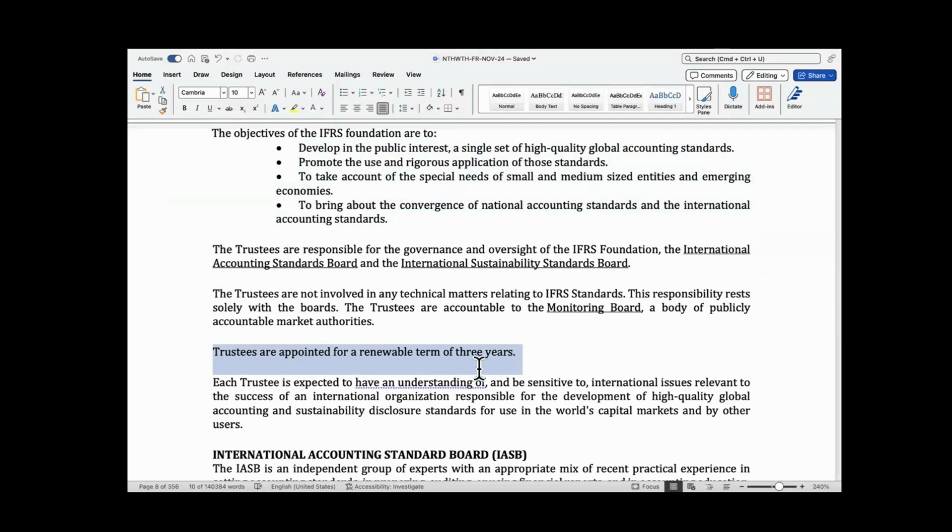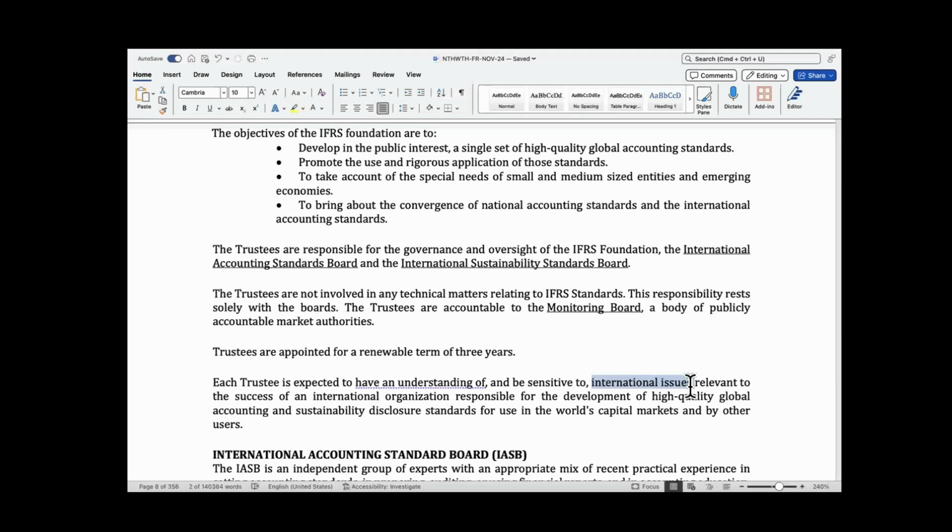And we believe that before you can be a trustee in the IFRS Foundation, you must have a good understanding of IFRS. Not just IFRS, you must have a good understanding of international issues, because you are going to be developing standards that will be adopted all over the world. So you must be internationally exposed.